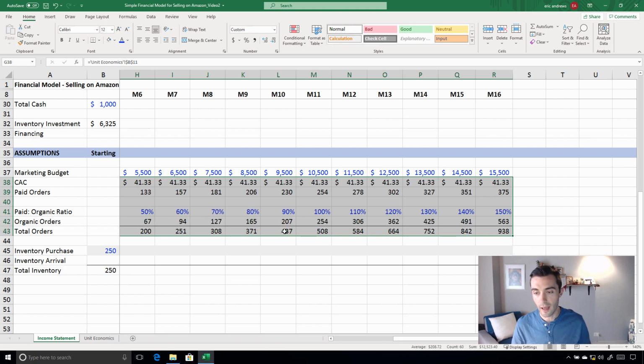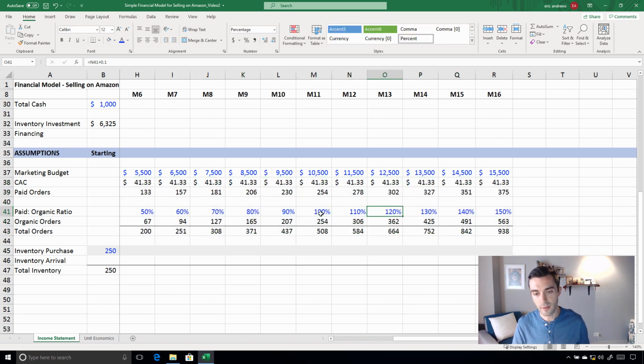And so at the end, if we increase this 10% a month, et cetera, we get to a point where you have more organic orders than paid orders. Again, by the way, you can download this model for free in the description below. Change it. It could be that this number is much higher, much lower. I don't really know, but it's a good framework to start with.